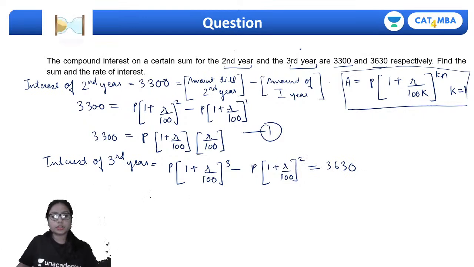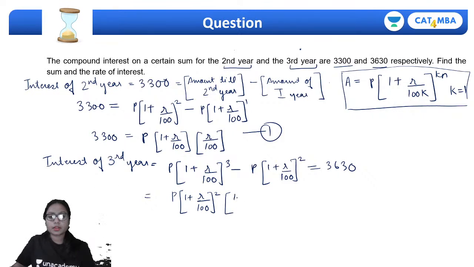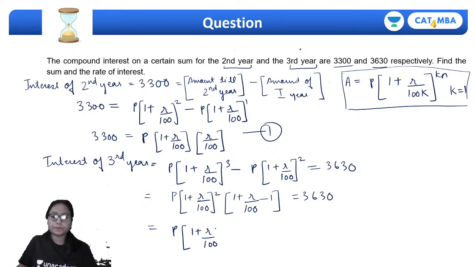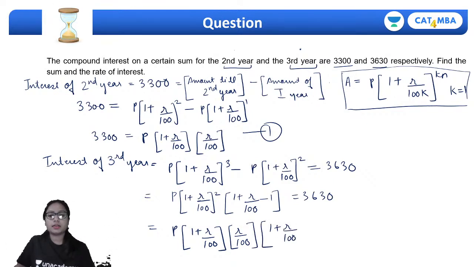Let us simplify this further. So I'll get 1 plus r upon 100 minus 1, and this will be 3630. From this equation I can write this as 1 plus r upon 100 into r upon 100 into 1 plus r upon 100 is equal to 3630.